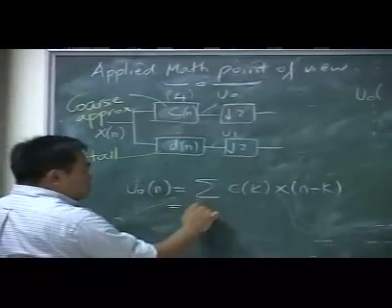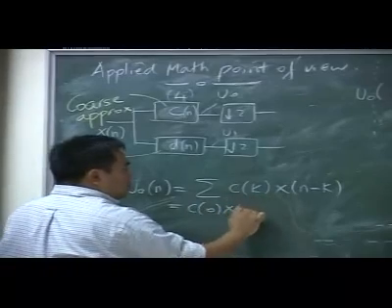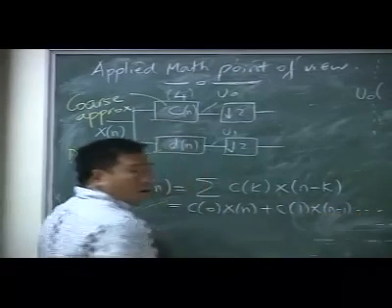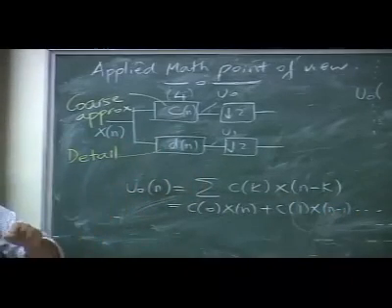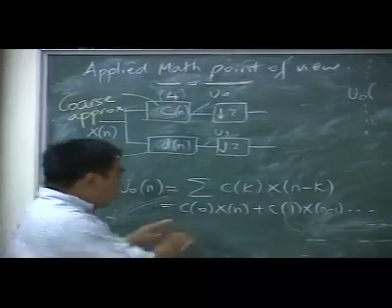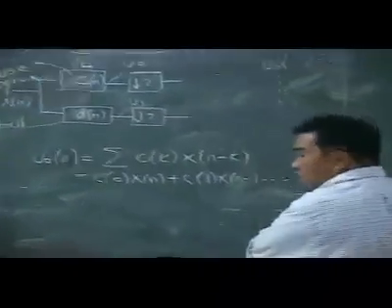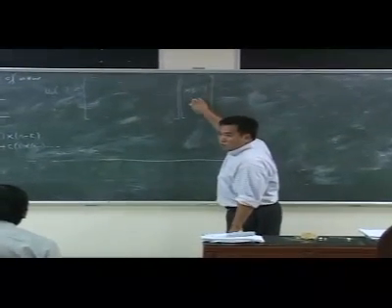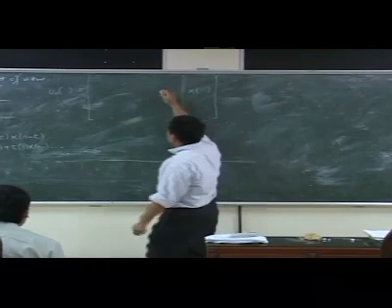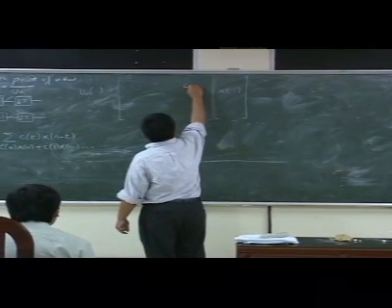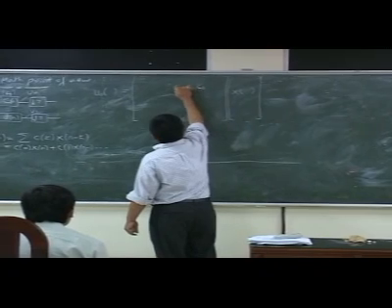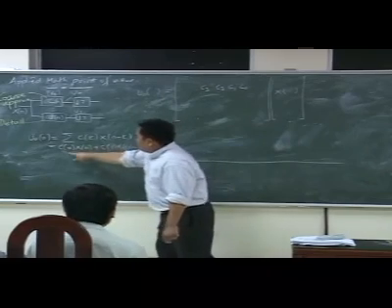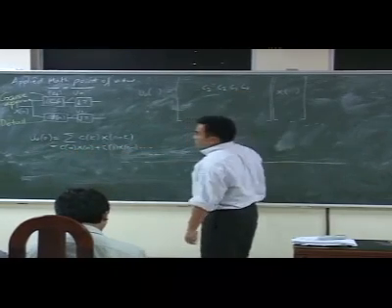So you have C of 0, x of n, plus C of 1, x of n minus 1, and so on. It's a sum of flipped and shifted terms. So you see that C0, C1, C2, C3 multiply x of n, n minus 1, and so on. That makes it easier to see.